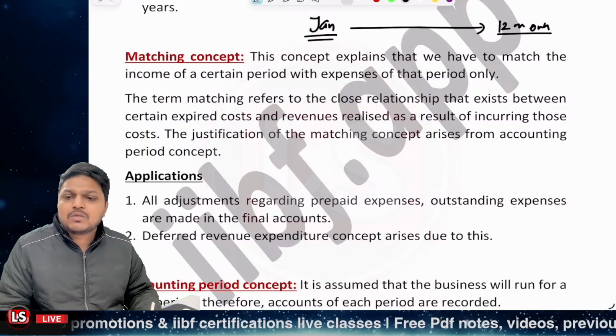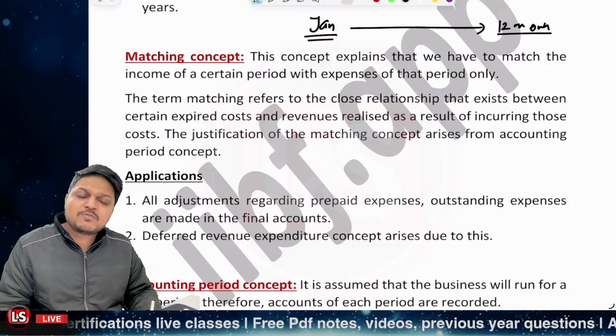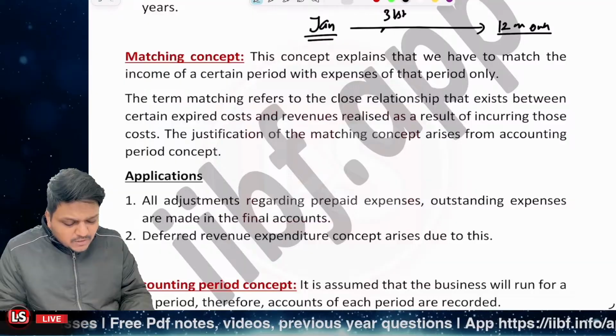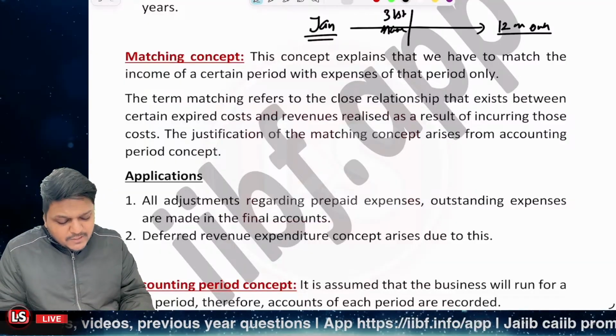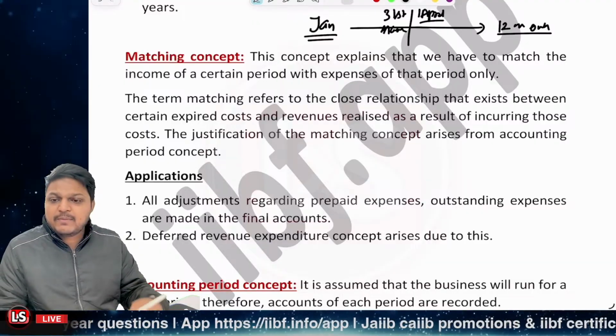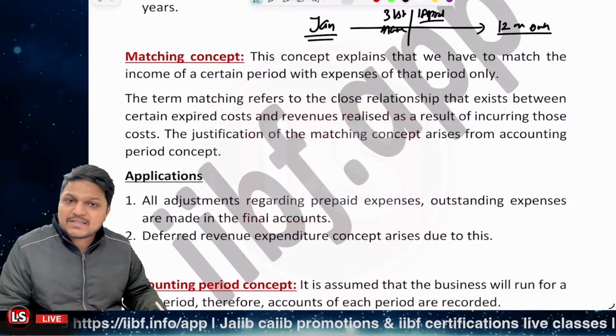Now, as we know, the financial year ranges from April 1st to 31st March of the next year. On the 31st March, one financial year will end and the next financial year will start from the 1st April and end on the 31st March of the next year. Right? That's the case.